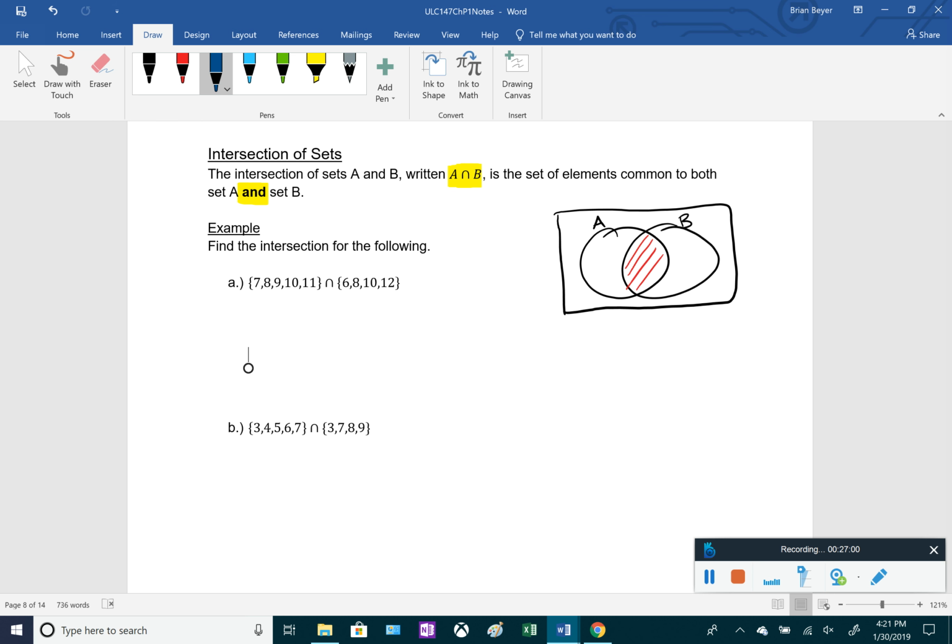So let's do these examples. Let's find the intersection of the sets. These are all in roster method. So we have the first set, 7, 8, 9, 10, 11. We want to see when does that intersect 6, 8, 10, 12. So all we have to do is say, well, what numbers do they have in common? They both have an 8, and they both have a 10.